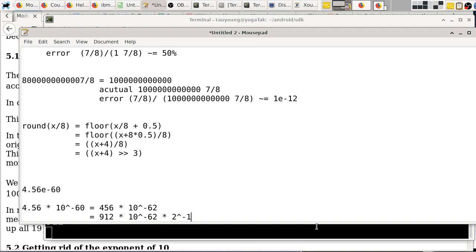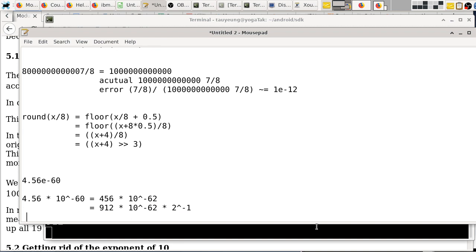Well, if you introduce a 2 to the power of negative 1, that's the same thing as halving. Is that okay? Cool. I look at 912 and say, well, is it even close to using all 64 bits of a 64-bit number? Nope. Okay, then we keep doubling it.